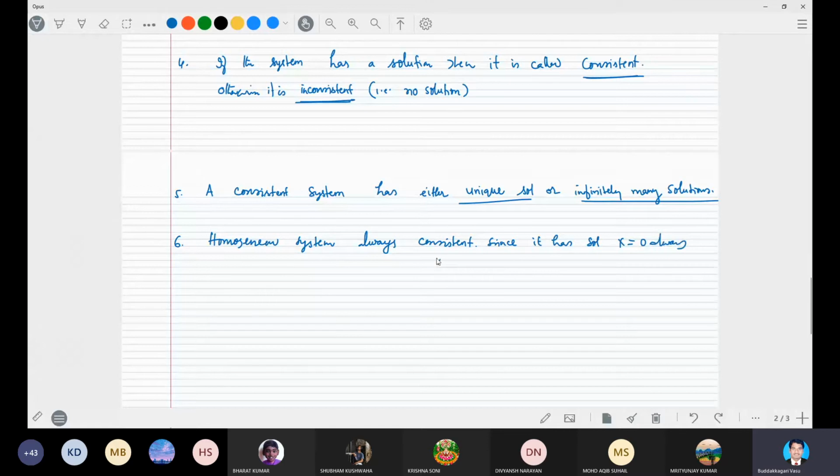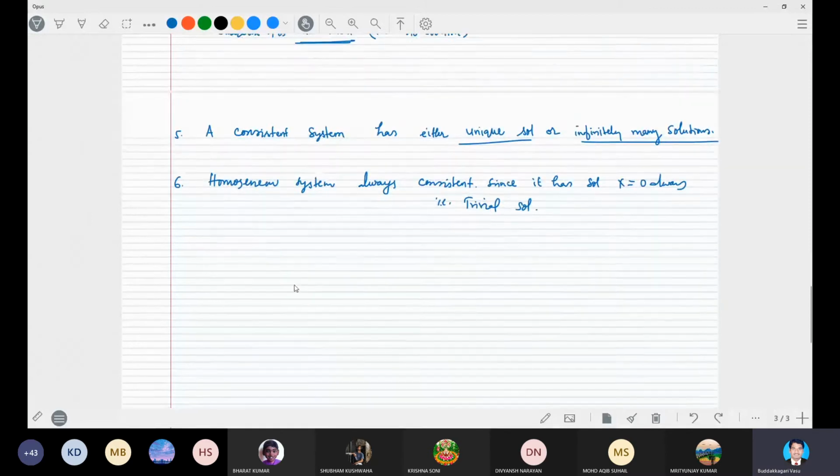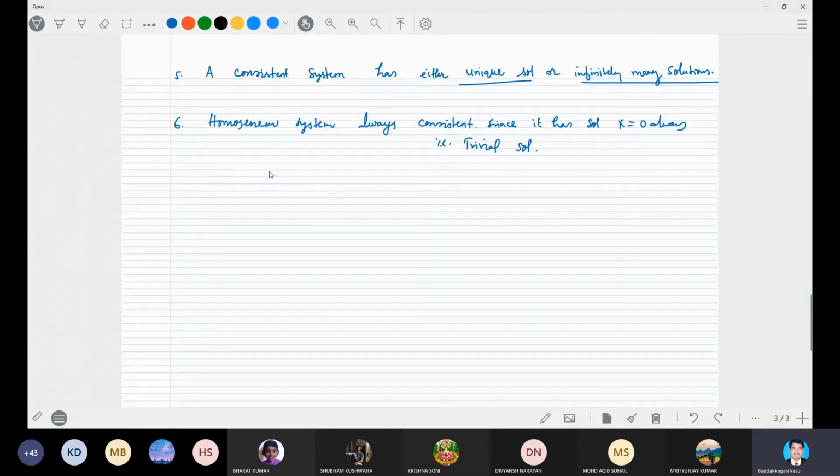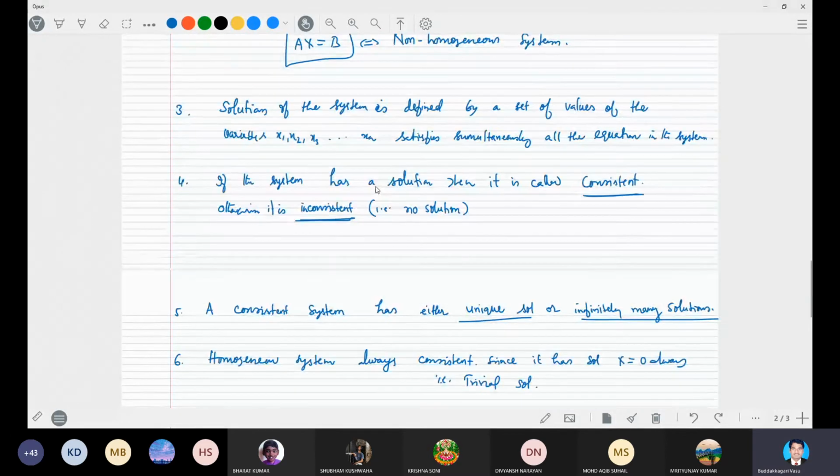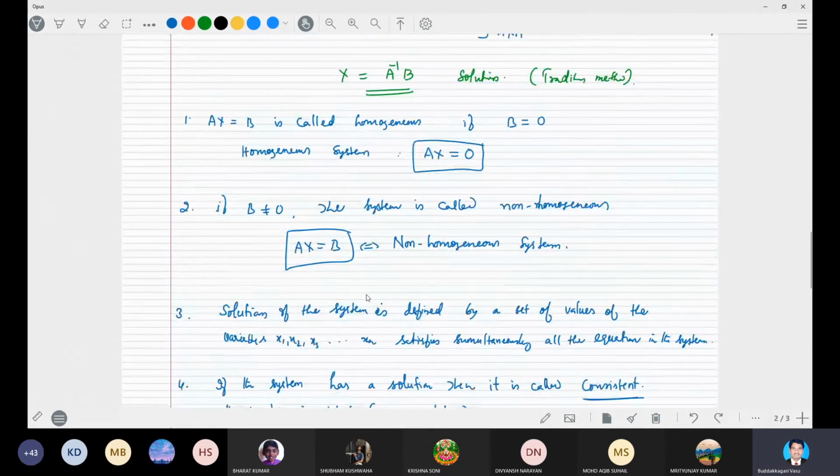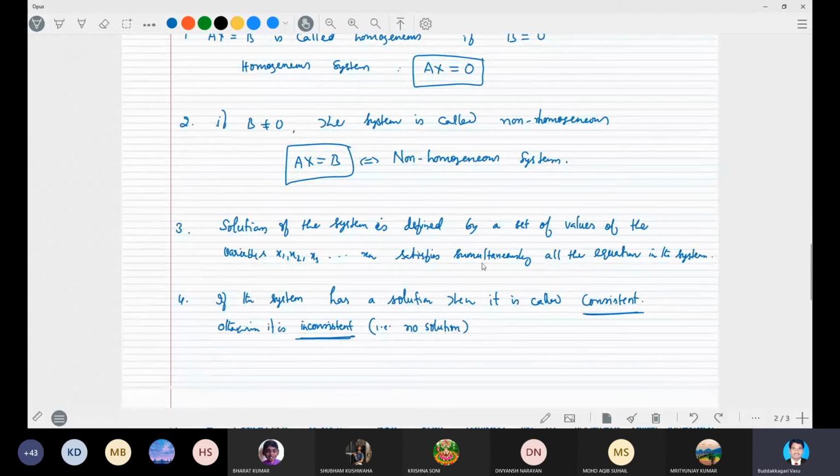That is a trivial solution. It's called the trivial solution, x = 0. Okay, these are some of the basic required definitions, and they determine the nature of the system.